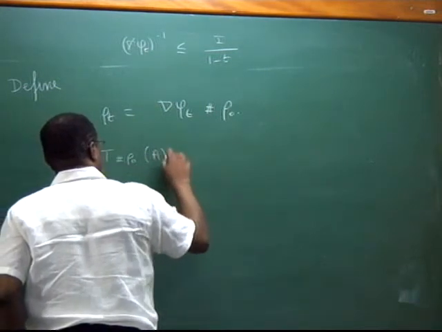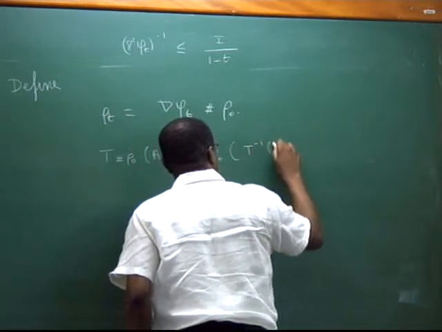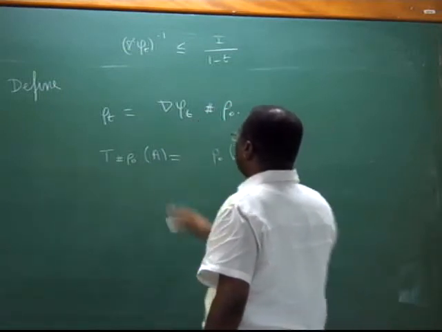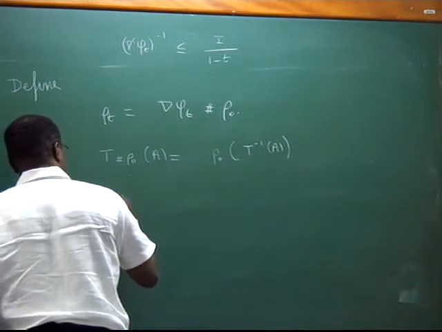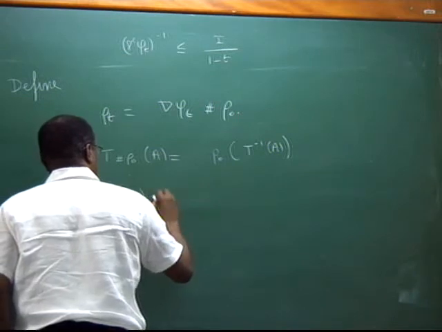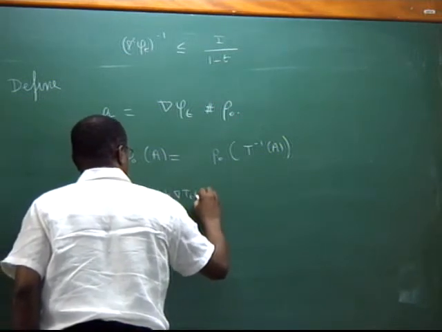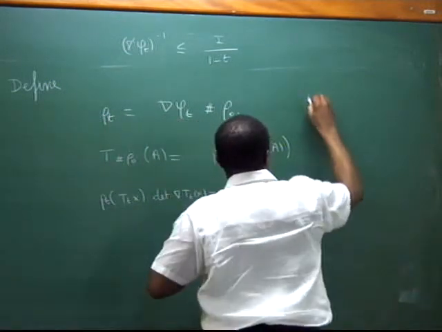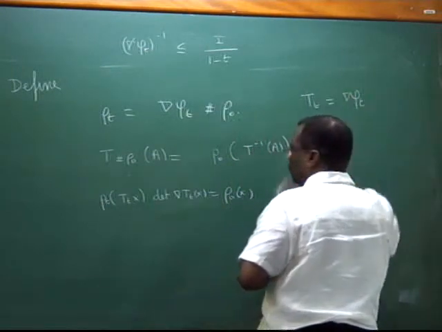If I apply that to A, this is by definition rho naught of T inverse of A. And this equation is in the weak sense equivalent to rho t of T_t of x times the determinant of the gradient of T_t of x equal to rho naught of x, where T_t is the optimal map, the gradient of phi t.